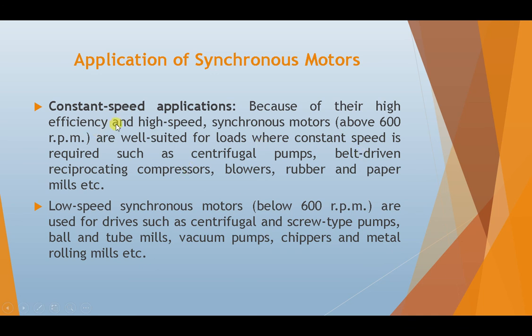Because of high efficiency and high speed, synchronous motors above 600 rpm are well suited for loads where constant speed is required, such as centrifugal pumps, blowers, rubber and paper mills, etc. Low speed synchronous motors, that is when the speed is less than 600 rpm, are used for drives such as centrifugal and screw type pumps, vacuum pumps and metal rolling mills, etc. So these are the places where a synchronous or constant speed motor is required, and we are using the synchronous motor.